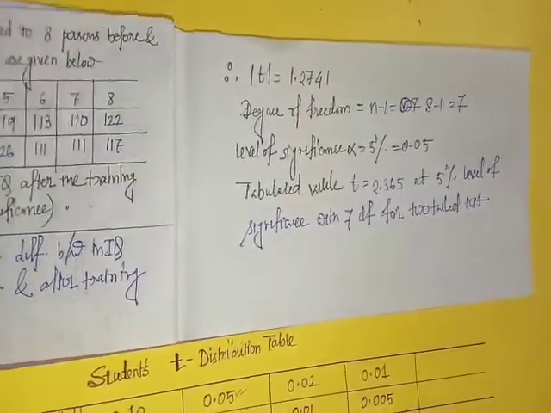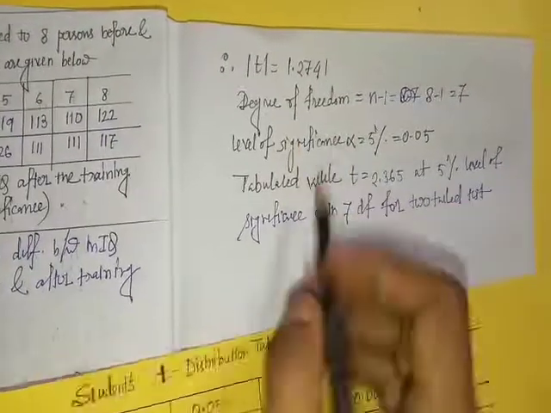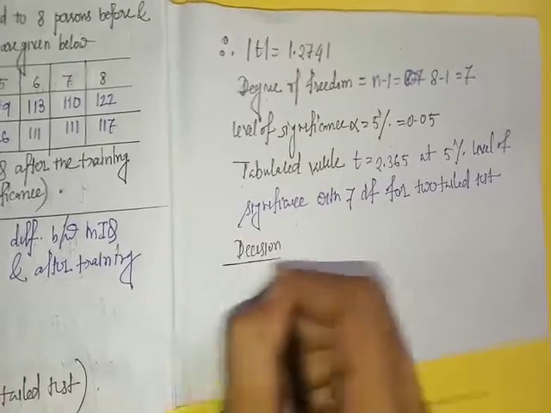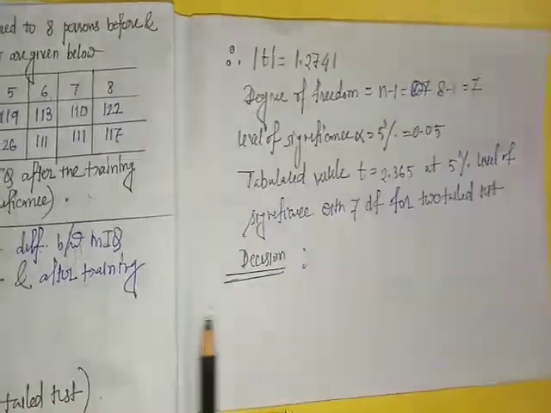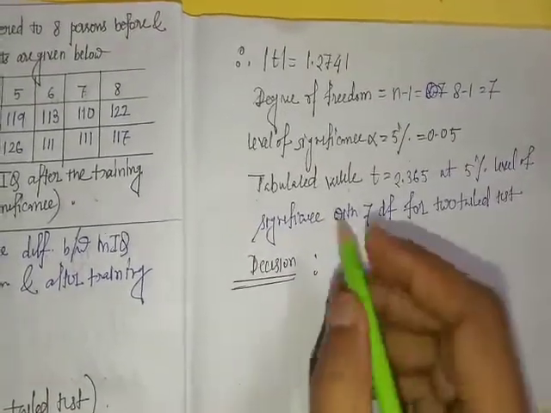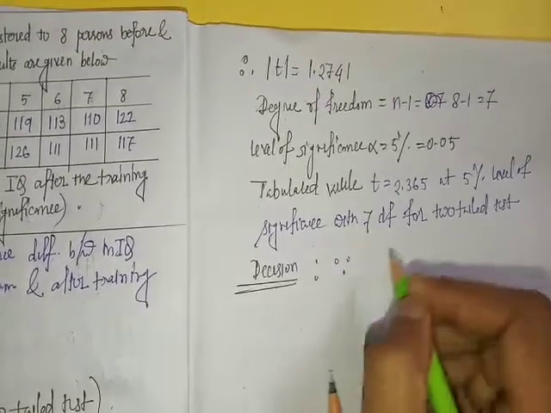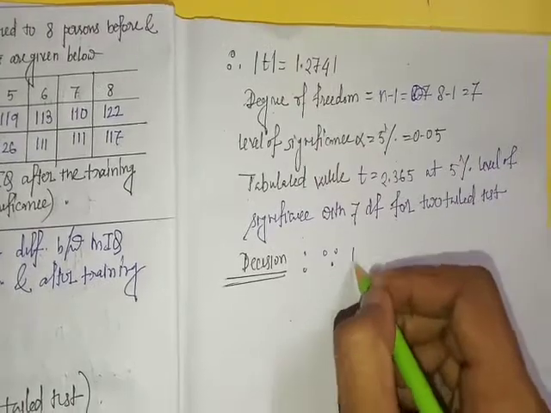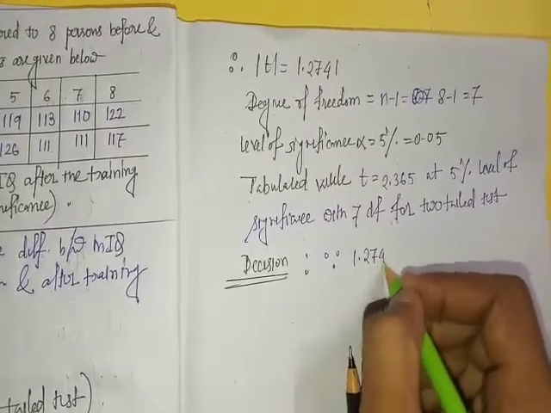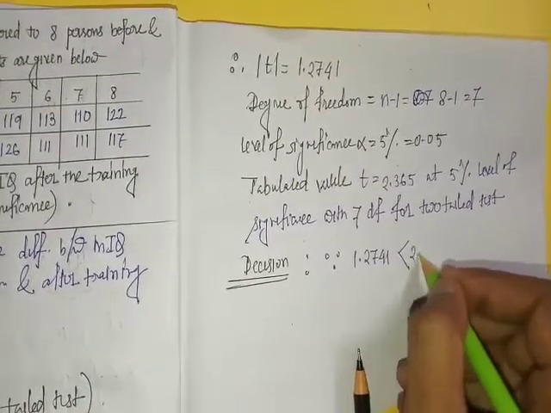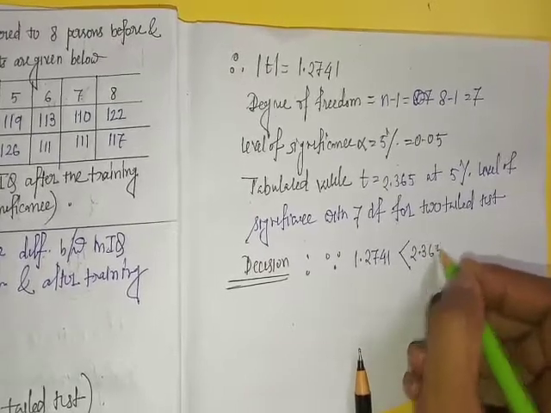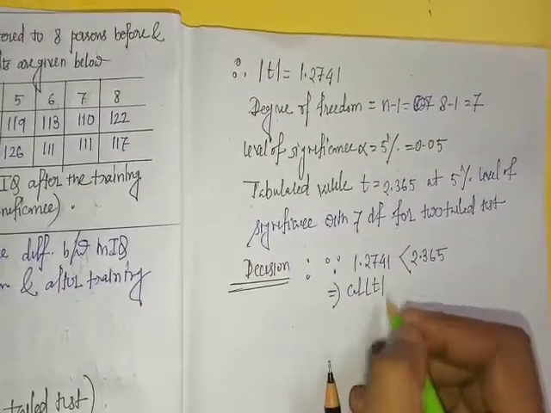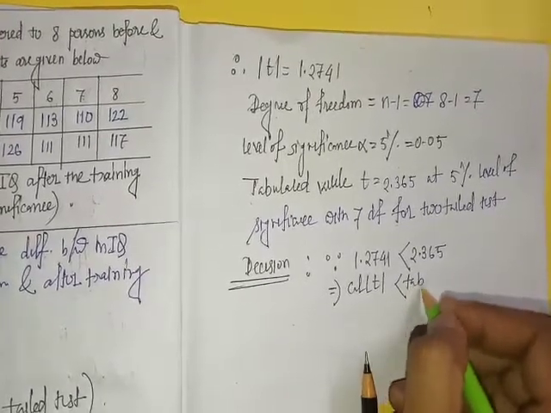Next, decision. Since this is the calculated value of t and this is the tabulated value of t, 1.2741 is less than 2.365, that is, calculated value of t less than tabulated value of t.